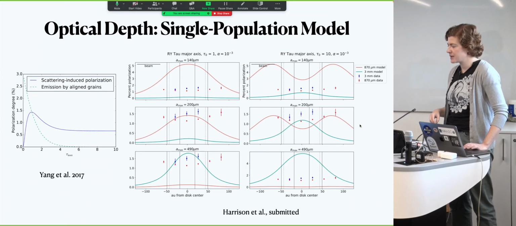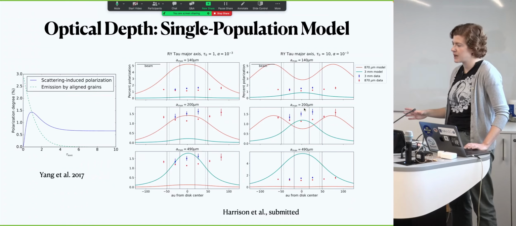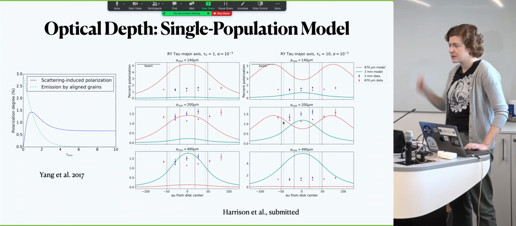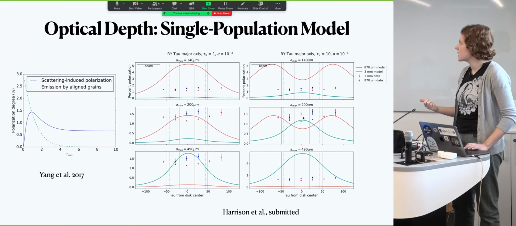But if you look at a dust grain population with a maximum grain radius of 200 microns and a high characteristic optical depth, you can reproduce the fact that there is an observable degree of polarization at both wavelengths, and the fact that the polarization fraction is higher at 3 millimeters than at 870 microns.